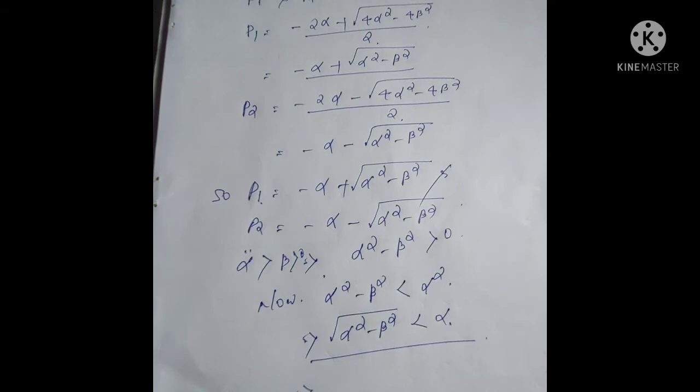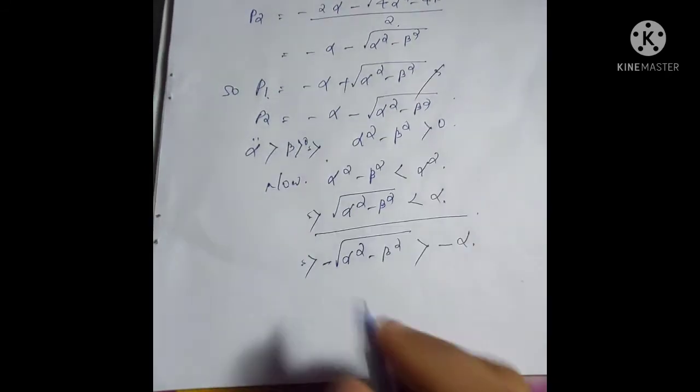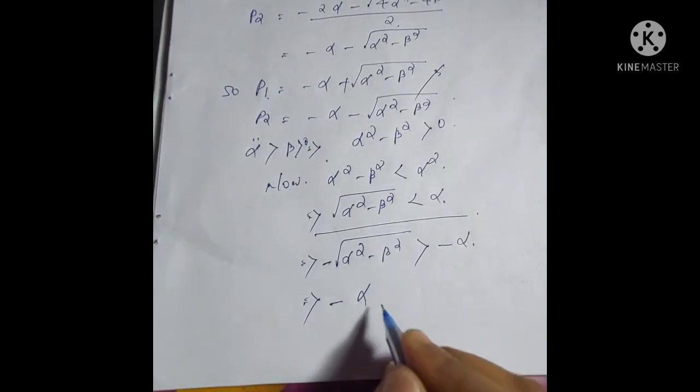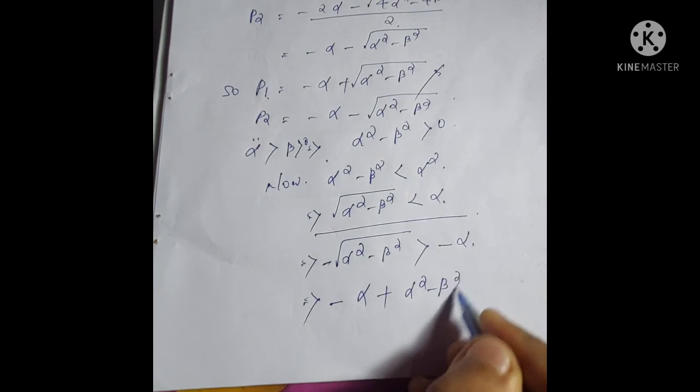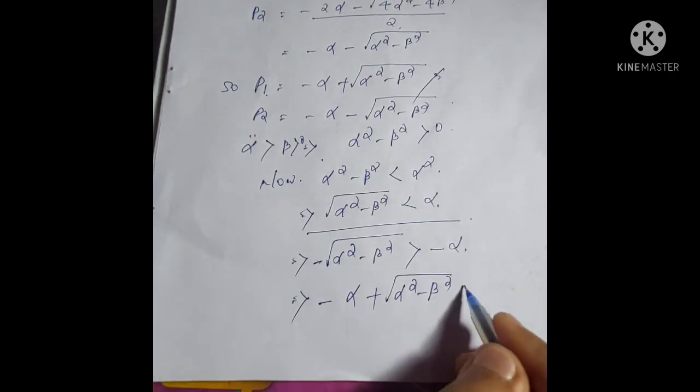This implies that negative square root of alpha square minus beta square is greater than minus alpha. This implies that minus alpha plus square root of alpha square minus beta square is less than 0.